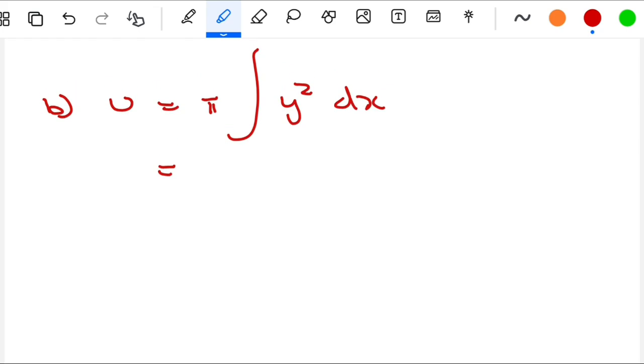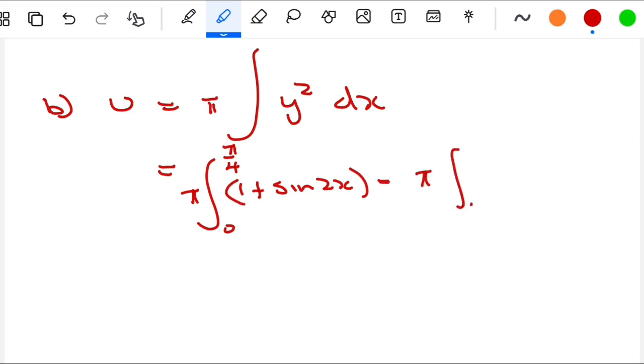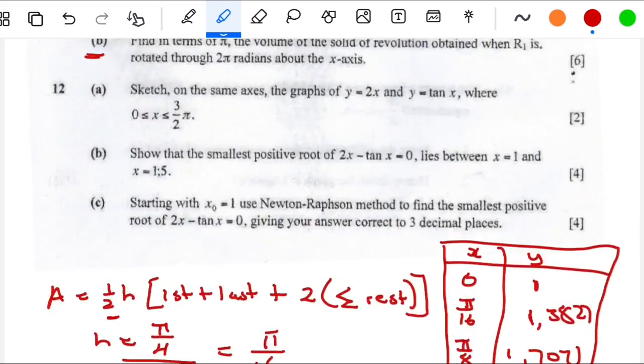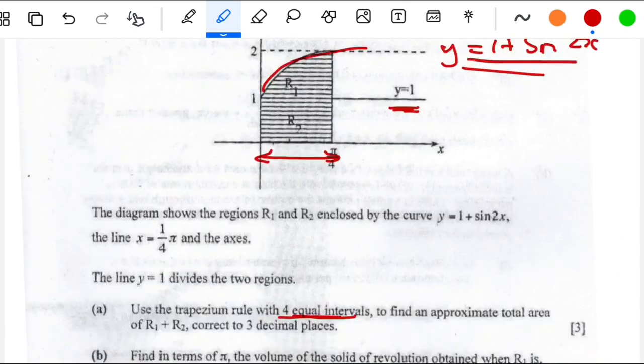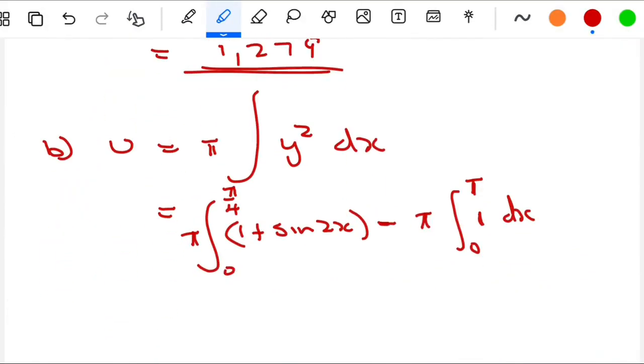We are going to say pi integral from 0 to pi over 4 of 1 plus sine 2x, minus pi integral from 0 to pi over 4 of 1 dx. The reason we're saying 1 is because for this one y equals 1, and for this one y equals 1 plus sine 2x. Okay, so let's finish that one up.